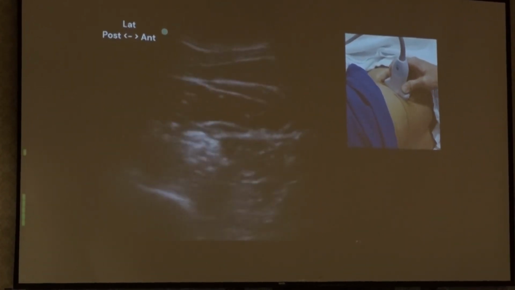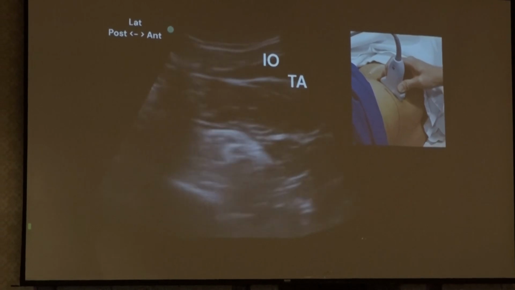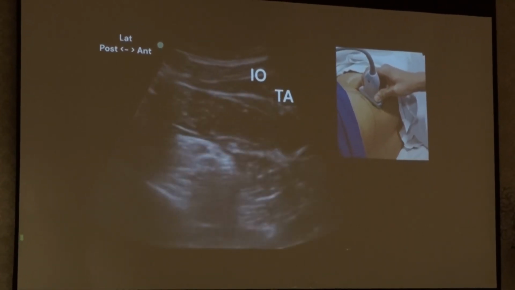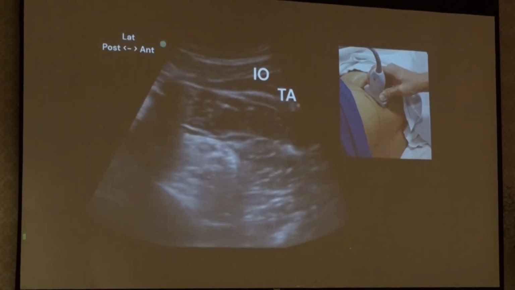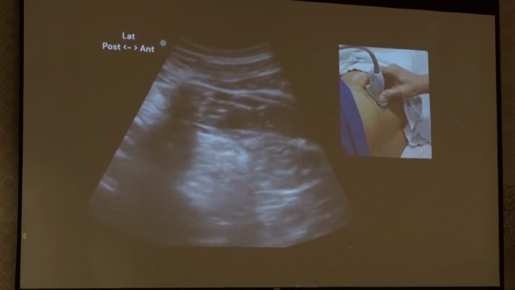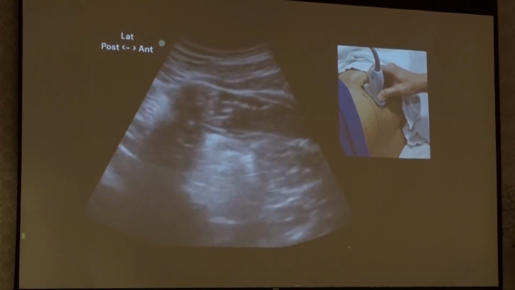Next I'll be showing a video of this block being done. In this patient I've identified the iliac crest, and I'm placing a low-frequency probe just above the iliac crest, tilting and sliding from anterior to posterior. You can identify the external oblique, internal oblique and transversus abdominis muscles anteriorly.